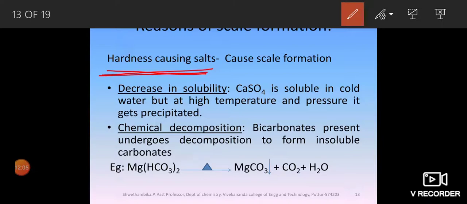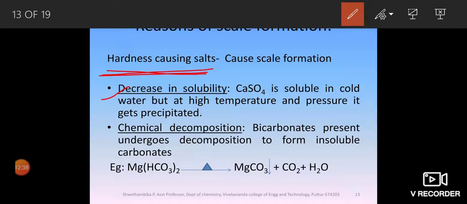Usually the salts of calcium and magnesium in the form of its chlorides and sulfates convert soft water to hard water. So if in the boiler feed water we take hard water, there is a possibility of excess scale formation, and formation of sludge also would take place to some extent. Now let us see one by one the reasons for scale formation. So the first one is decrease in the solubility.